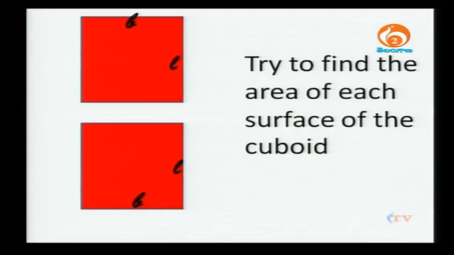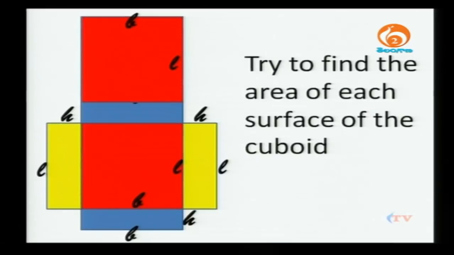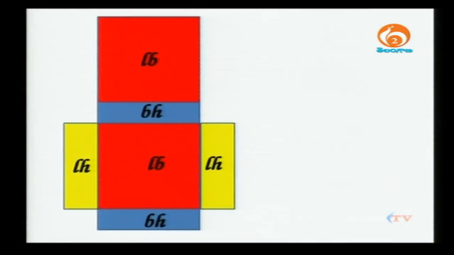One has length and breadth, another has L and H, and this has breadth and height as the dimensions. Now, see, these are the areas.